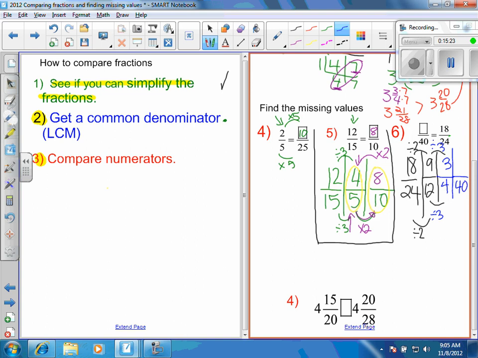Yeah. So the missing number, to get to that, I have to multiply the 4 by 10. Good job. So that means I have to multiply the 3 by 10. 30. Thank you. And I get 30. A little messy there. So 30 is the right answer.